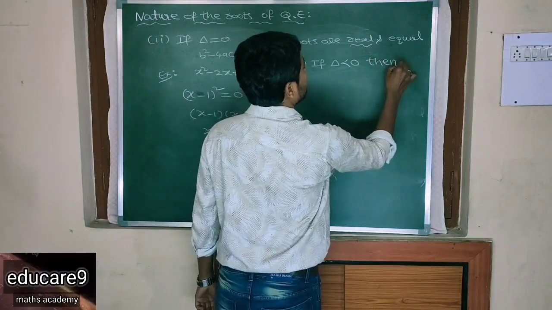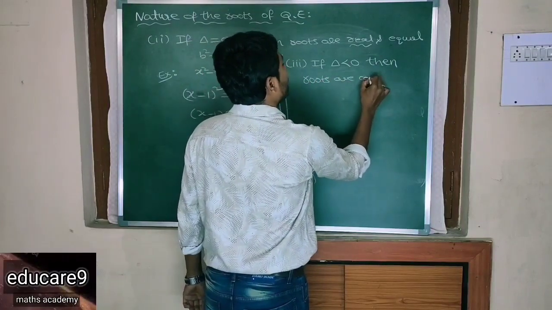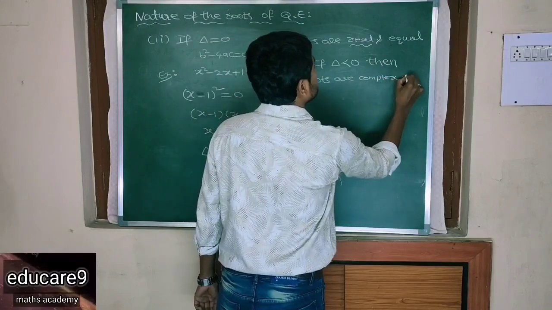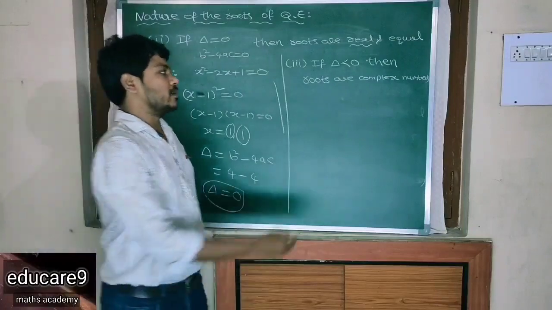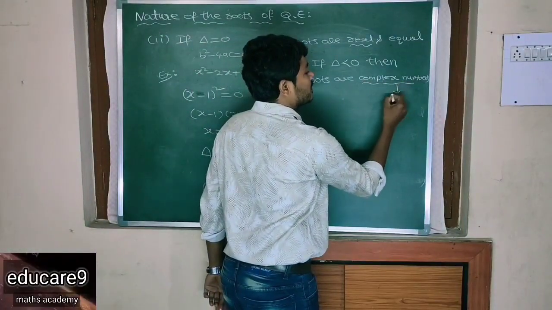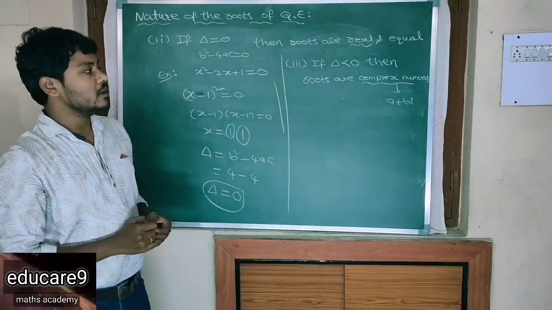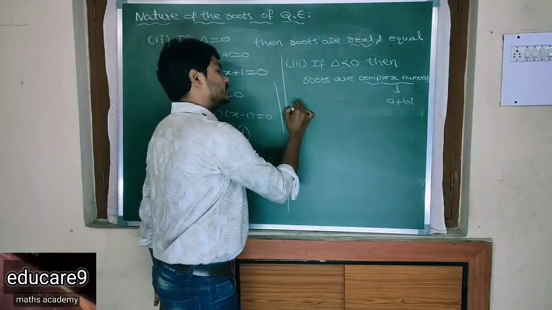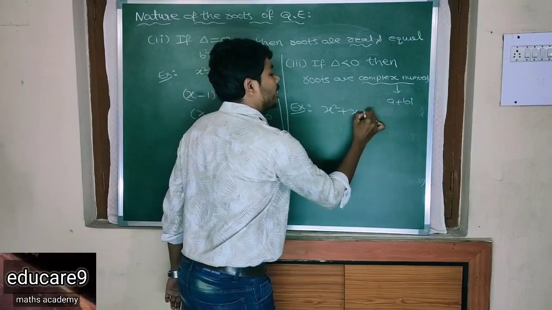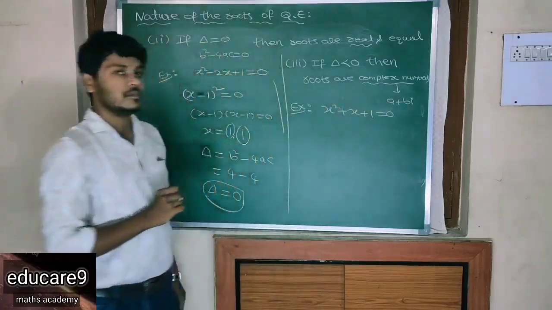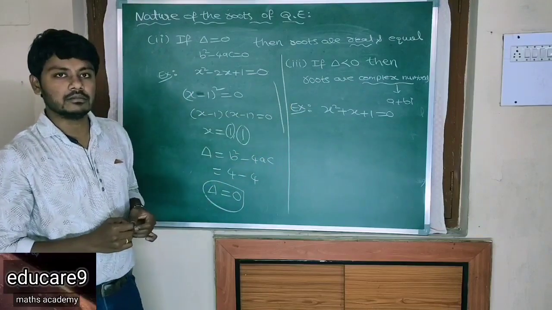So complex numbers means these numbers are in the form of a plus ib. Okay. So for example, x square plus x plus 1 is equal to 0. So here we want to find the roots of this equation.